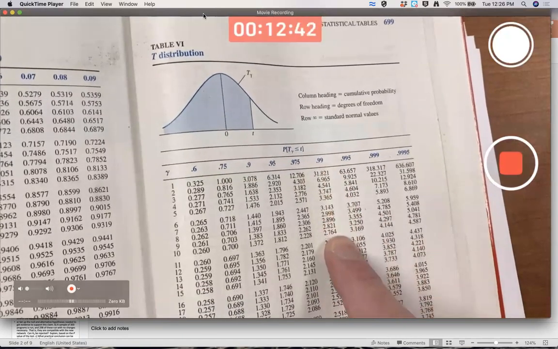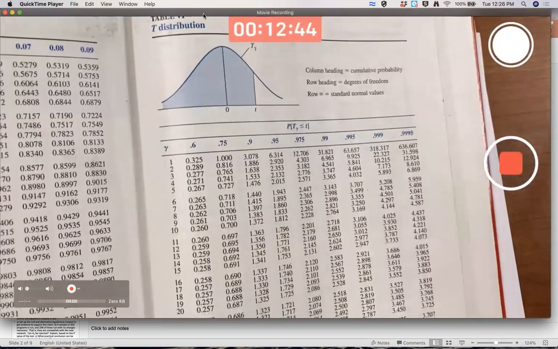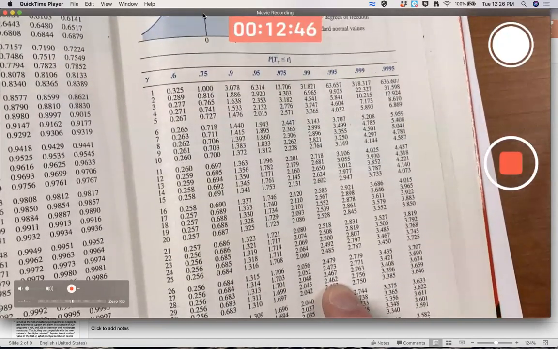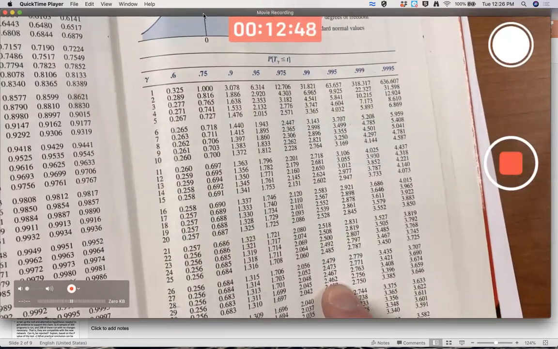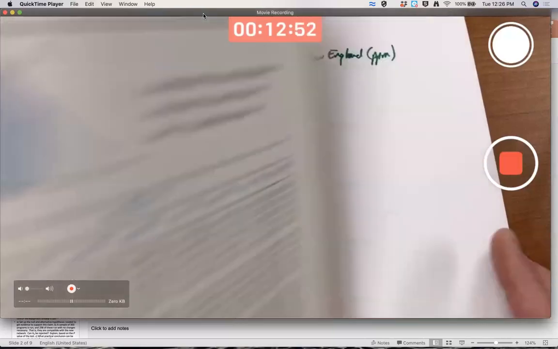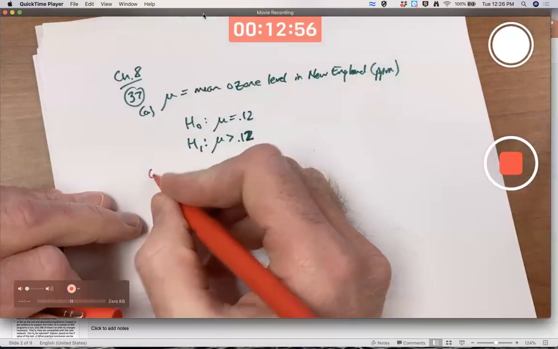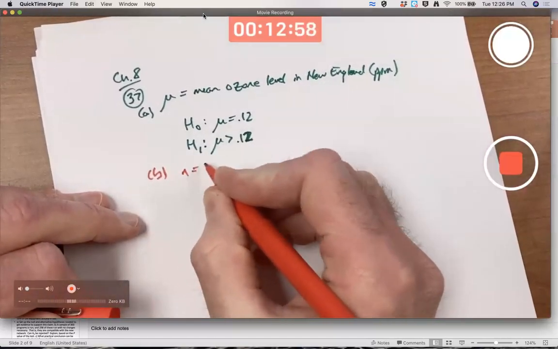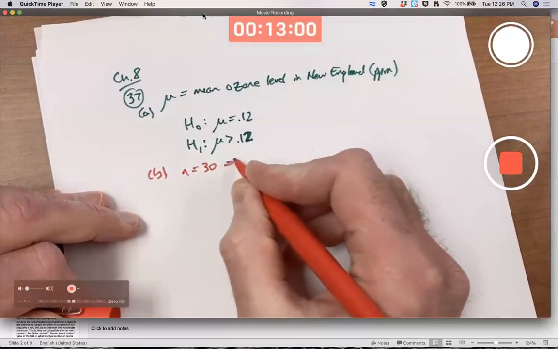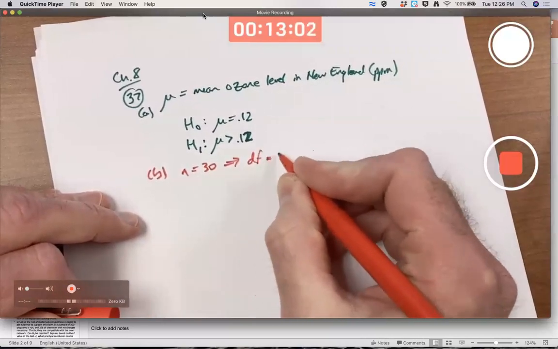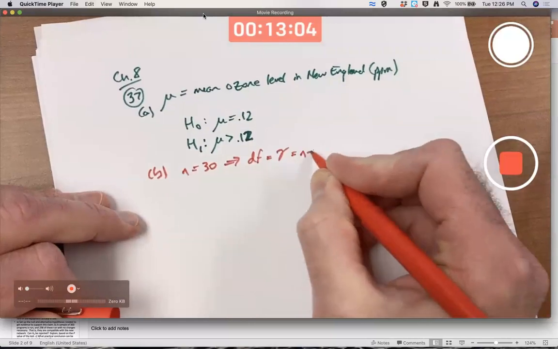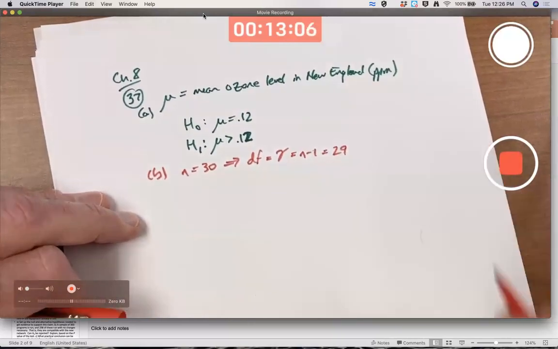Going down to 29 degrees of freedom, the critical value is 2.462 right there. 2.462. So with n equal to 30, the degrees of freedom, df, or if you prefer gamma, is n minus 1, which is 29.